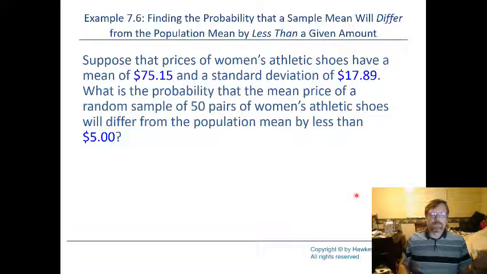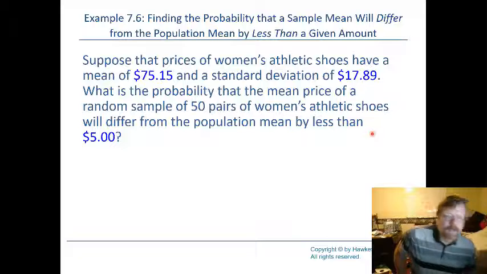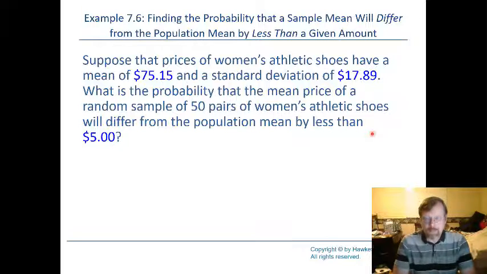Okay, so another example: women's athletic shoes have a mean price of $75.15 and a standard deviation of $17.89. What is the probability that a random sample of 50 pairs of shoes will differ from the population mean by less than $5?